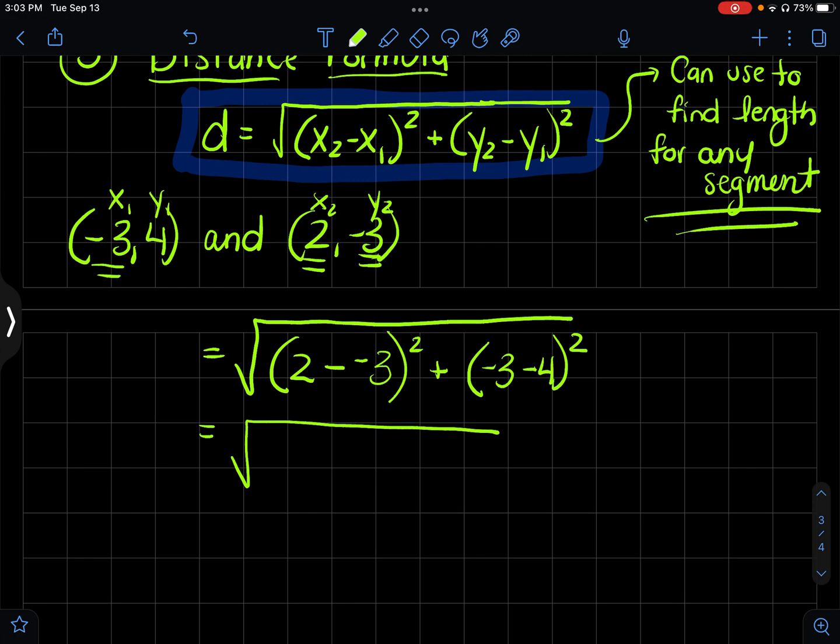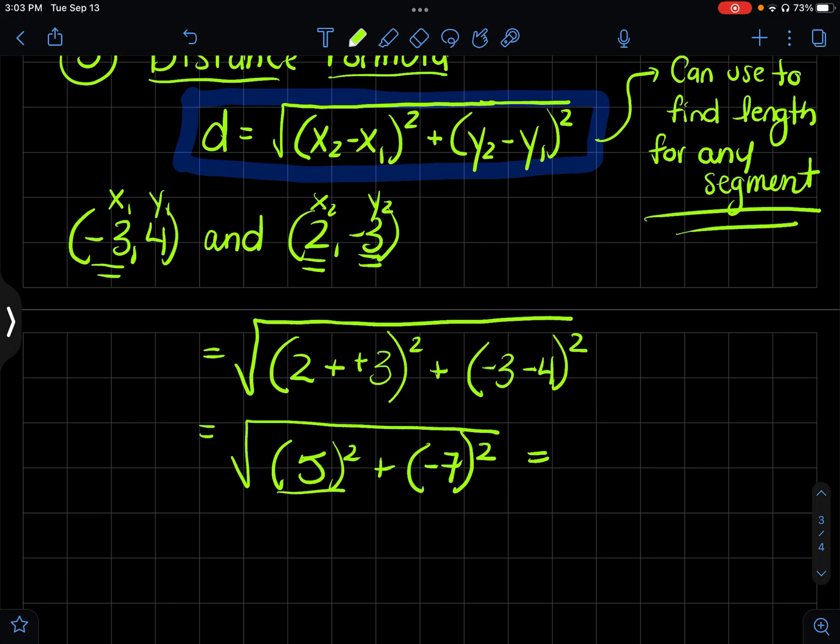So we simplify under that radical. Whenever you subtract a negative, you're left with a positive. So 2 plus 3 is 5. Plus -3 minus 4 is going to give us -7 squared.